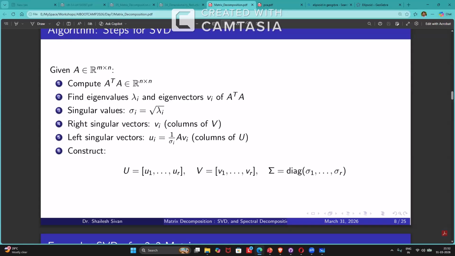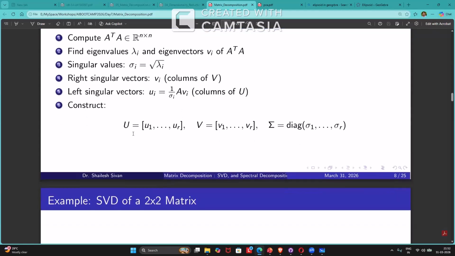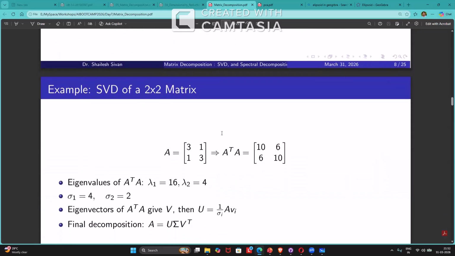Then find the eigenvalues of A transpose A, get the singular values, that is the square root of eigenvalues. Then you have to construct the right singular vectors and the left singular vectors. By considering the vectors, construct U and V and the diagonal. Finally, you will get the decomposition.